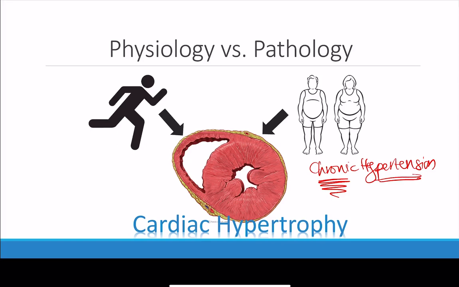A heart that undergoes cardiac hypertrophy in response to a pathological stimulus is a heart that is very vulnerable to dilation. When I started this slide, I just kind of jumped through chronic hypertension that ultimately leads someone to have heart failure.